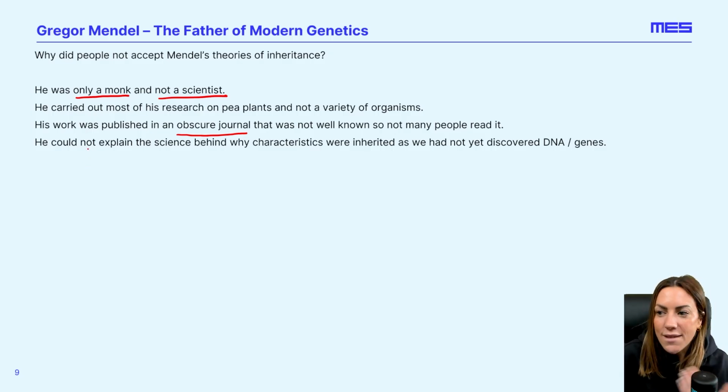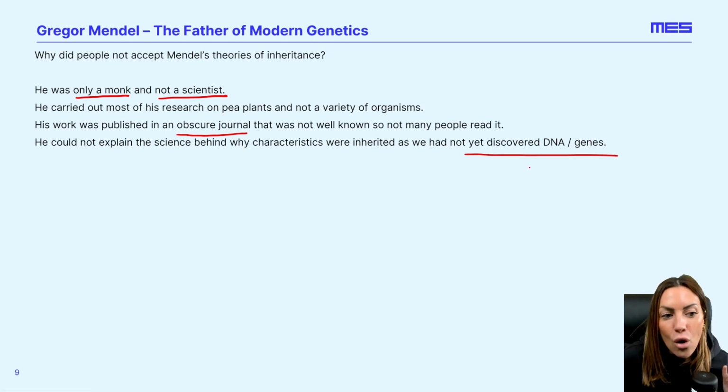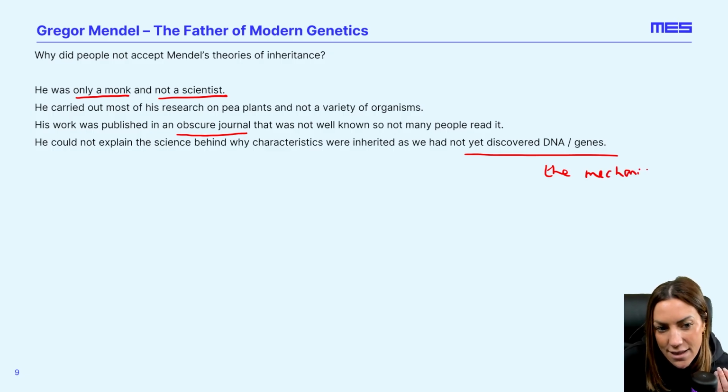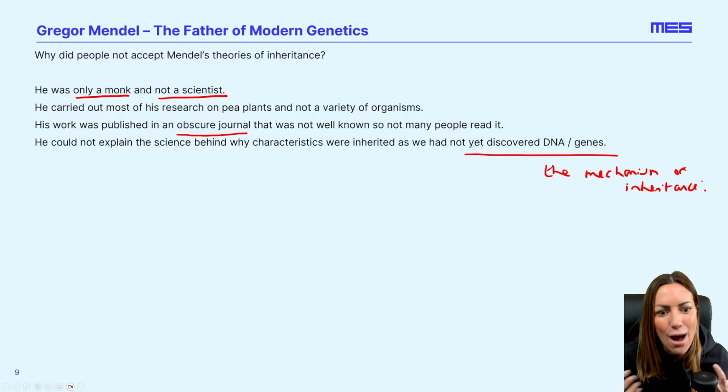And another really good one to give, he couldn't really explain the science behind why characteristics were inherited. You can say we had not yet discovered DNA, we had not yet discovered genes, or we had not yet discovered the mechanism of inheritance. Like exactly how these units are being inherited and how it all works, right?